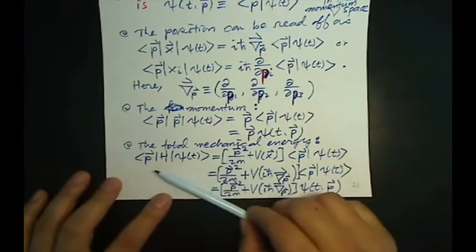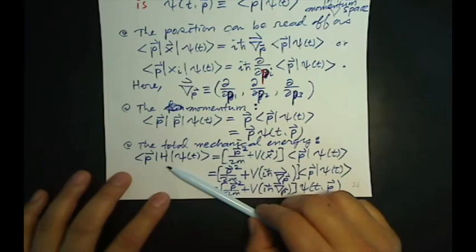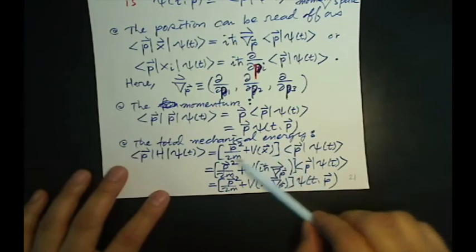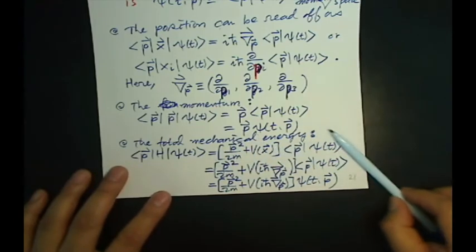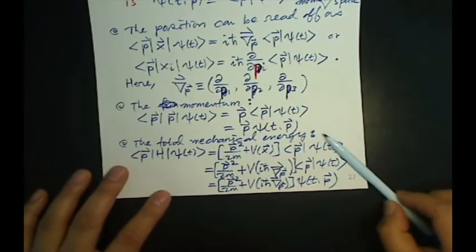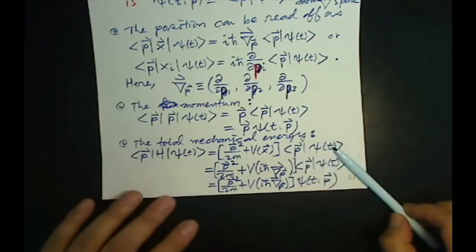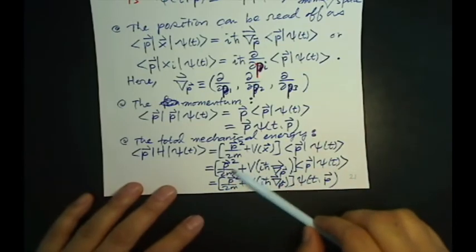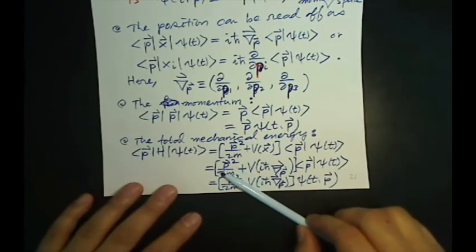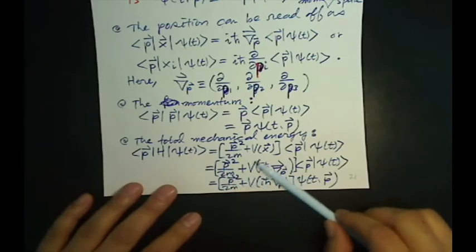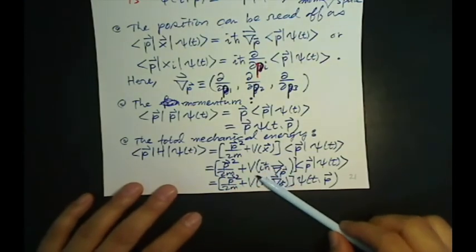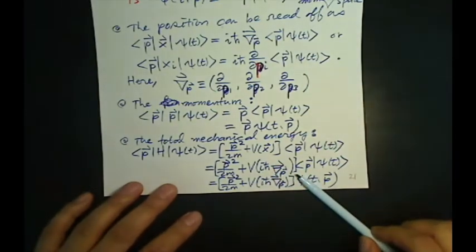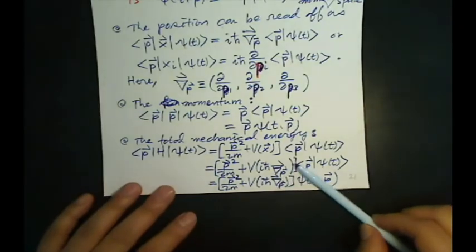If you are interested in computing the total mechanical energy, then what you really need to do is to apply the operator in the momentum space to the momentum space wave function. The momentum space wave function is a function of p, and the kinetic energy must be expressed in terms of a simple number. Instead, the potential energy contains the coordinate x, and that coordinate x must be replaced with the derivative with respect to the momentum.